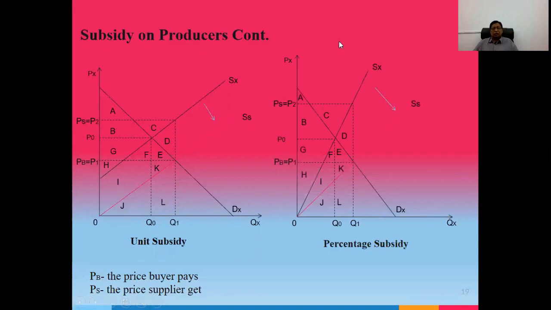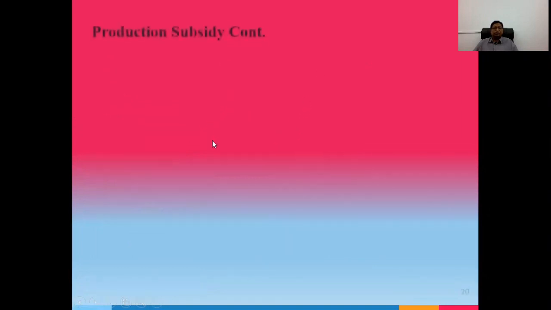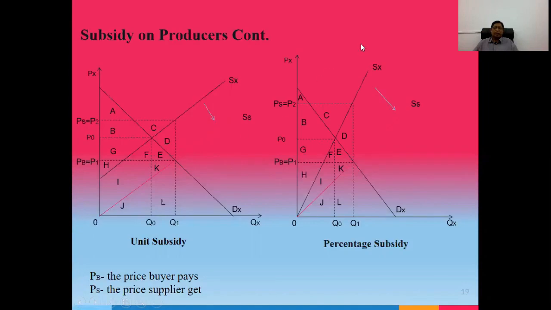Now I would like to discuss the ad valorem subsidy on producers. When the government grants an ad valorem or percentage subsidy on producers, the supply curve rotates toward the quantity axis or horizontal axis by a larger amount at higher quantities.